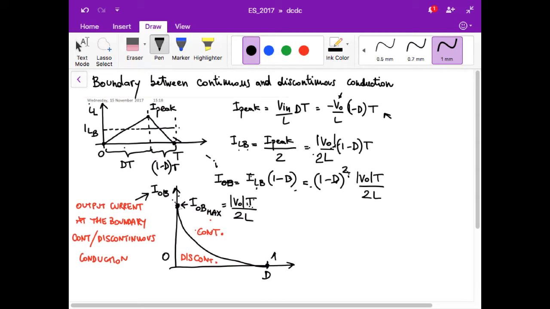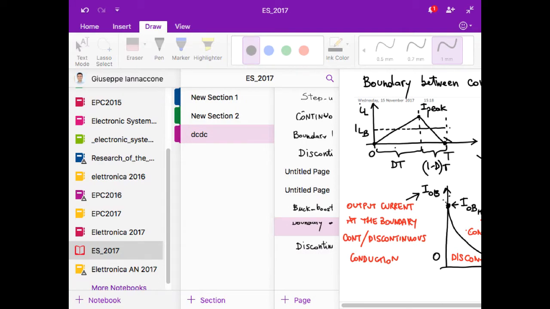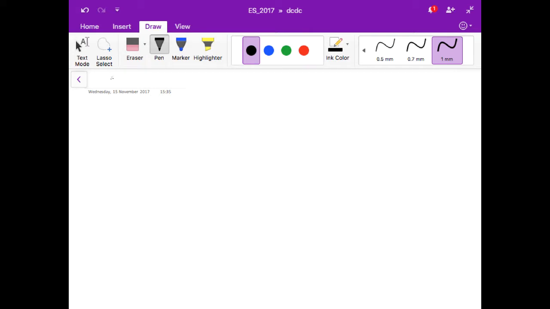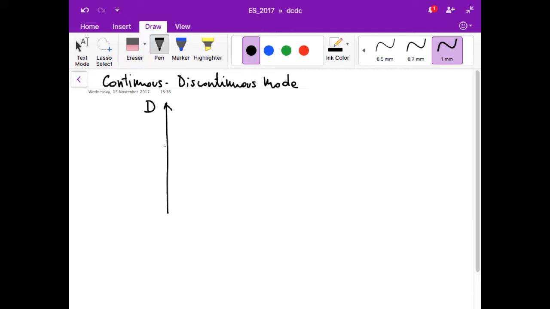Let me write D as a function of the current, and let me summarize this part. If I want to check the dependence of the duty cycle on the output current, I need to consider the following things.